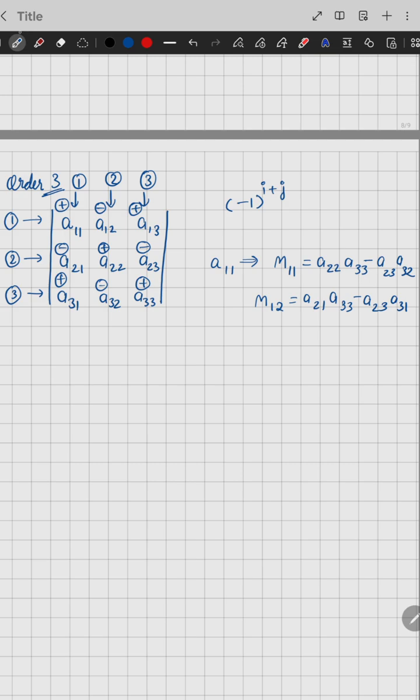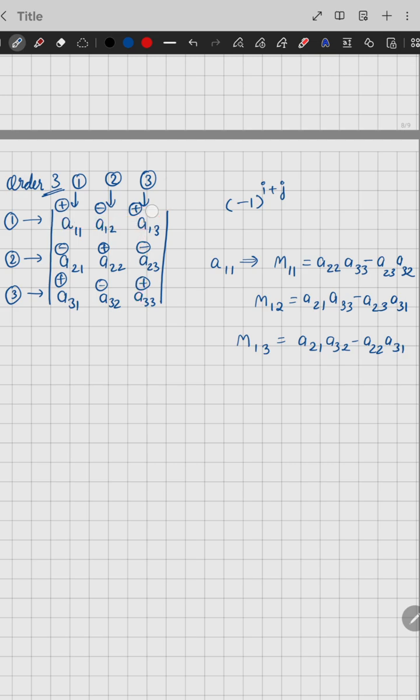Now for the last one we will cut these, and M13 is equal to A21 into A32 minus A22 into A31. So we have got the minors.